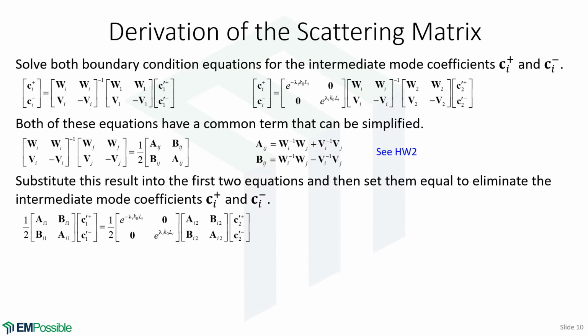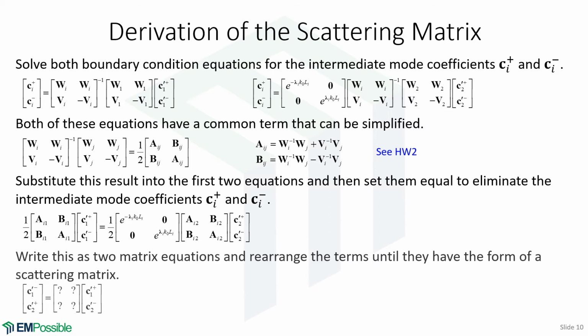So at this point, we have a 2 by 2 block matrix equation. We can actually expand that to two separate matrix equations. We'll take those two separate matrix equations, rearrange all the terms so that it's in the form of a scattering matrix. And however the terms collect here will be our final scattering matrix. And that's what we'll show on the next slide.